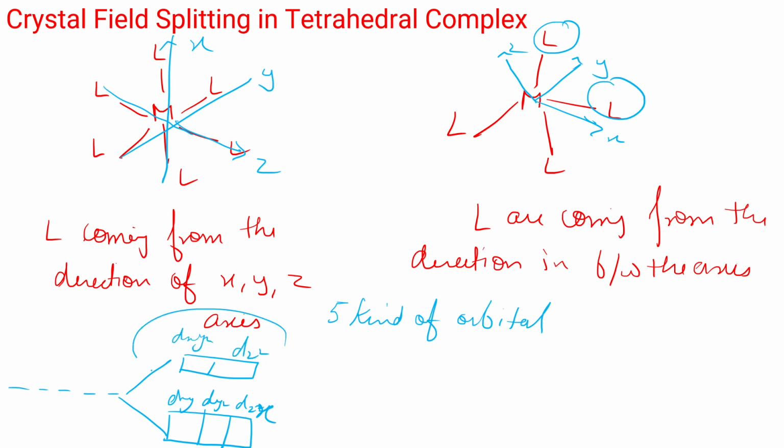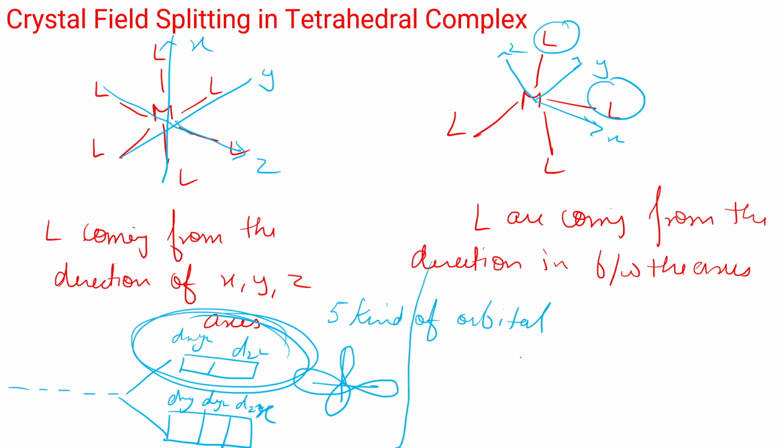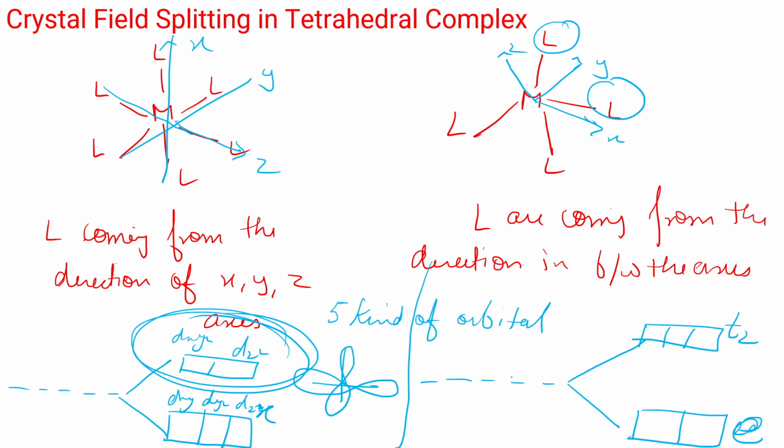Because the ligands were coming from the direction of the axis, the orbitals present on the axis had their energy increased. But in the case of tetrahedral complexes, the reverse happens. The orbitals present in between the axis have their energy increased, while those present on the axis have their energy reduced.